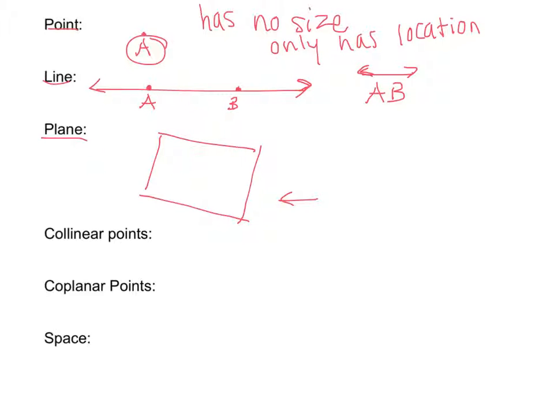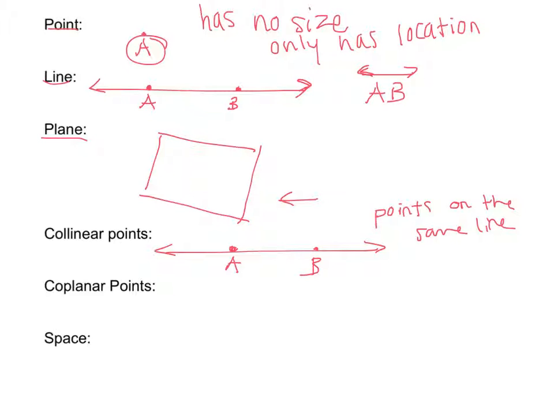So, okay, collinear points are going to be points like point A and point B from above that are on the same line. So collinear points are points on the same line.